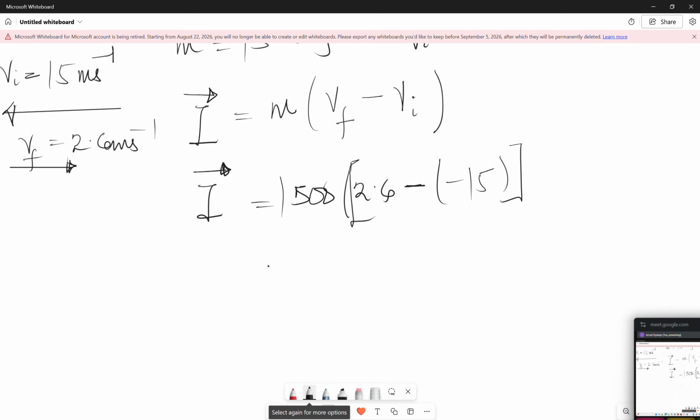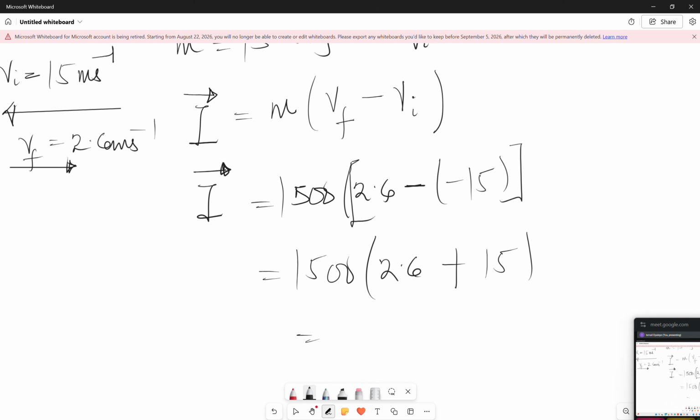So by the time we do the mathematics there, that will be 1.5 multiplied with this, which will be 2.6, changes to plus 15. So that will be 1.5 multiplied with this, what is it here? 17.6, right?